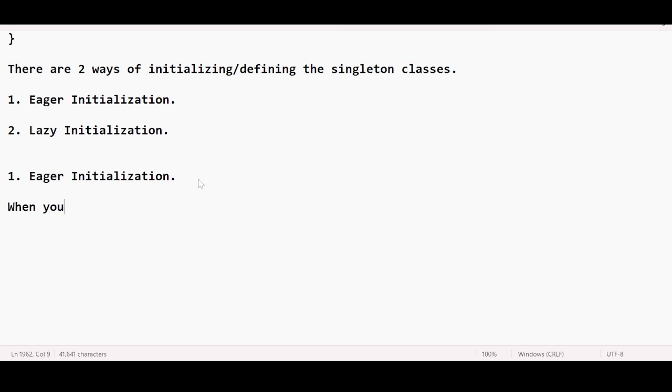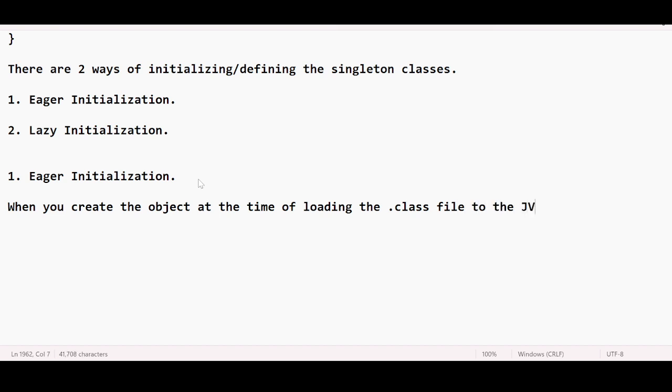When you create the object at the time of loading the class file to the JVM, then this concept is called eager initialization.